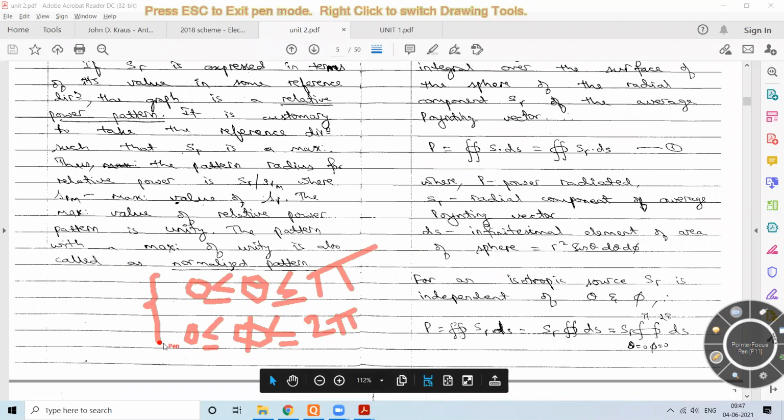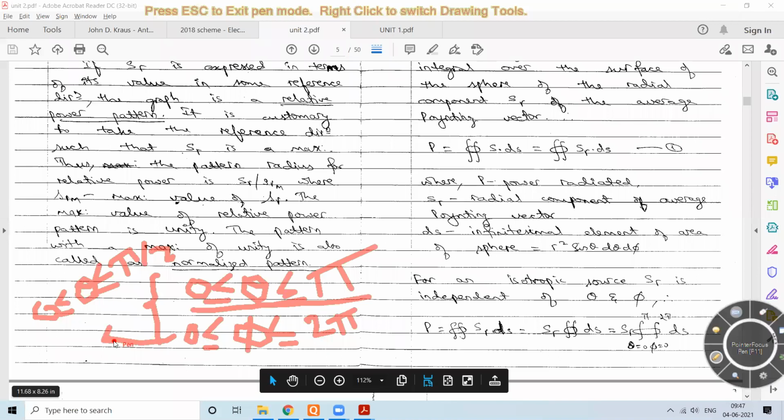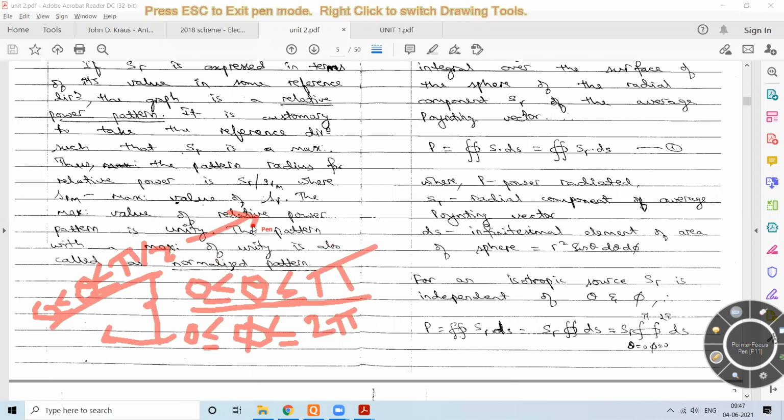If I consider this entire range, I have the full sphere consideration. If I change the value of theta so that it is in the range of 0 to pi by 2, with phi remaining the same, then I am considering the half sphere. This is useful when you are considering unidirectional patterns.